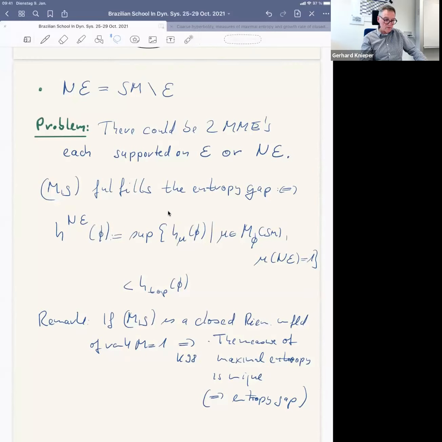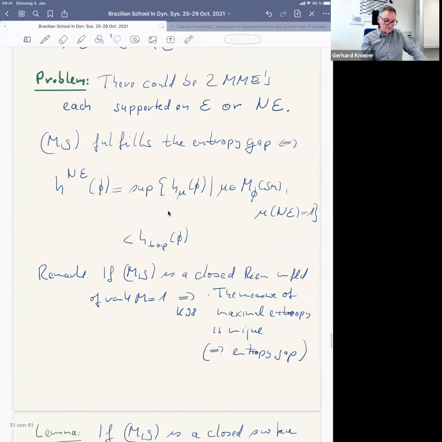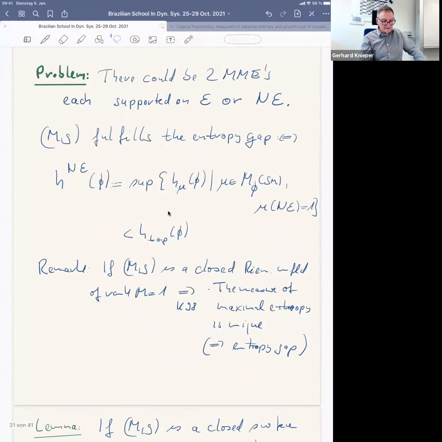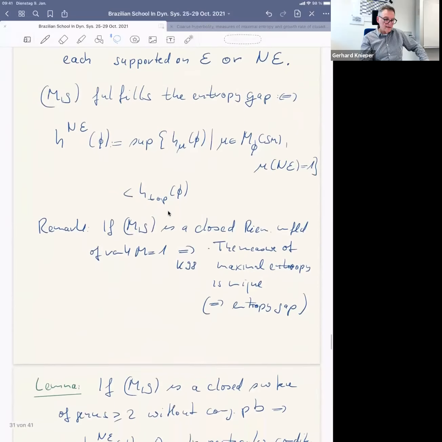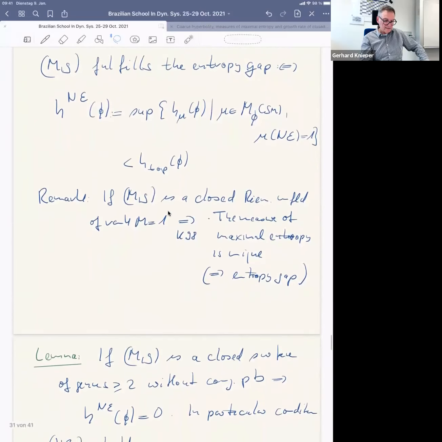Instead we use an approach much closer to the original idea of Bowen, using specification, but not the way Bowen did it, but in a more general way, which was introduced by Climenhaga and Thompson, this kind of coarse specification.